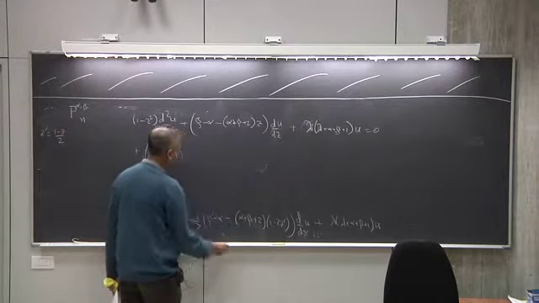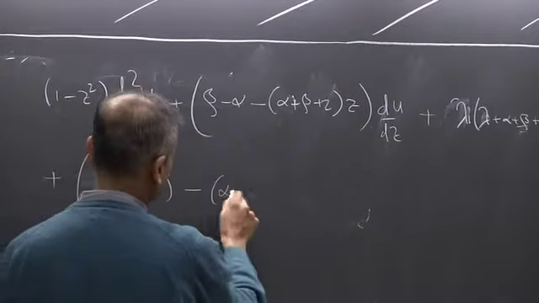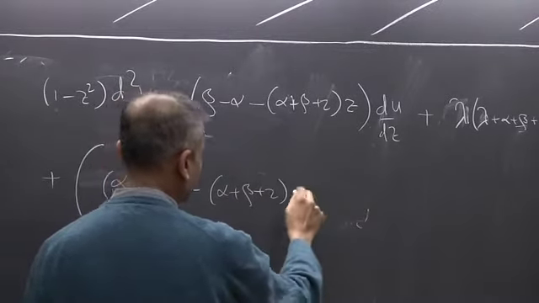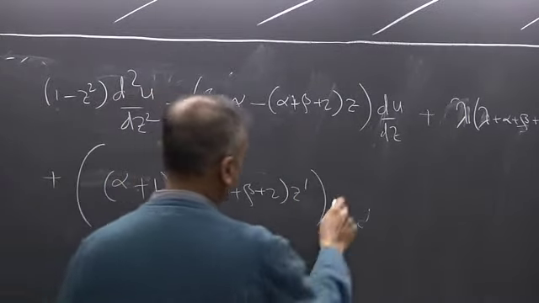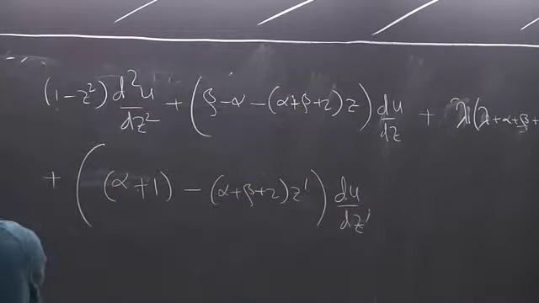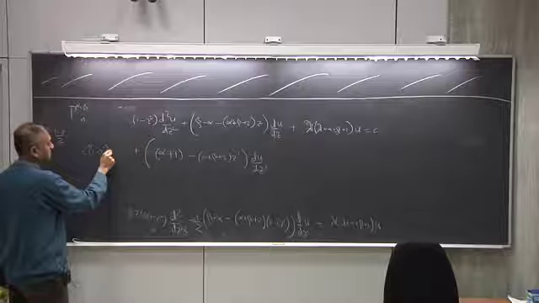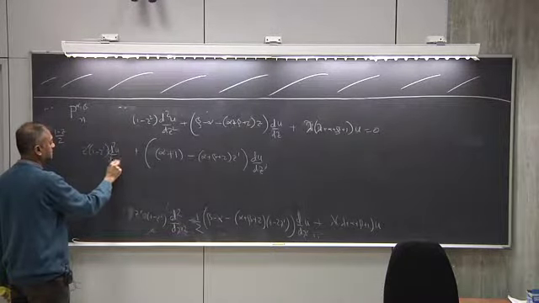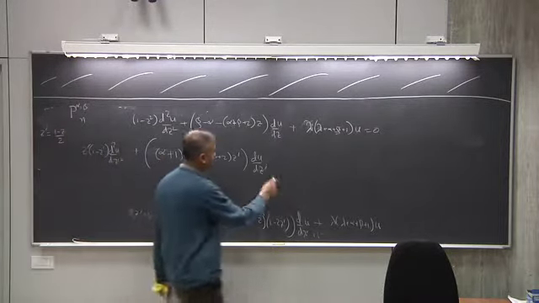These 2 cancel. So you get here minus alpha plus beta plus 2 z prime du by dz prime, that is this term. And here is z prime 1 minus z prime d2 u by dz prime square. And then finally that.